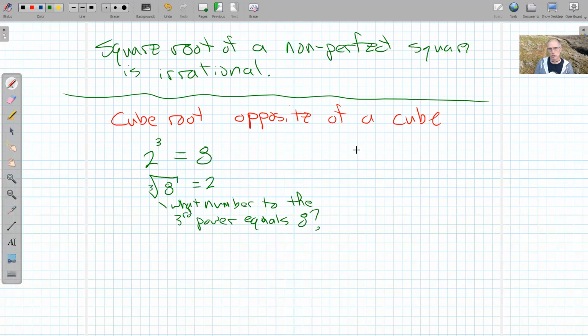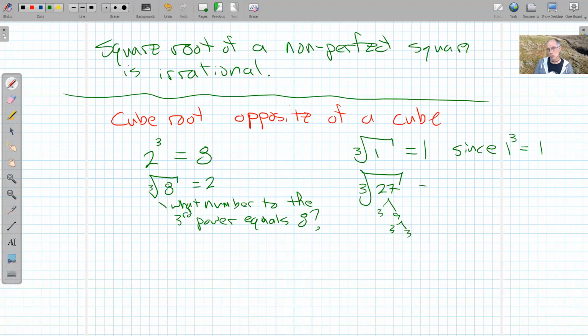So another example, cube root of 1 is 1, since 1 cubed is 1. Next easiest one, cube root of 27. You might recognize 27 as 3 times 9, and 9 is 3 times 3.